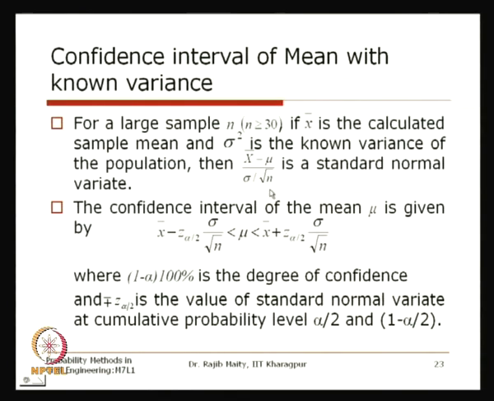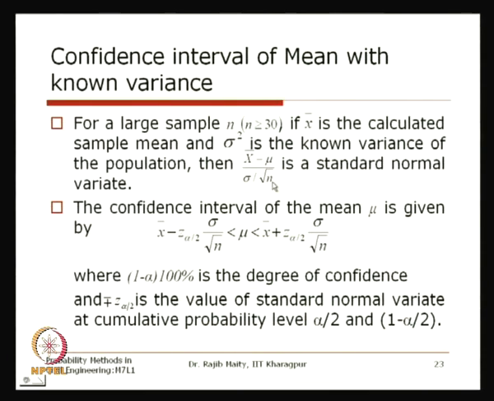Let me repeat once again that sigma square is the variance of the population for the random variable x. Now what we are talking about is x bar. This x bar is another random variable which is normally distributed, having the same mean as the population, which is mu, and its standard deviation is sigma by square root n.